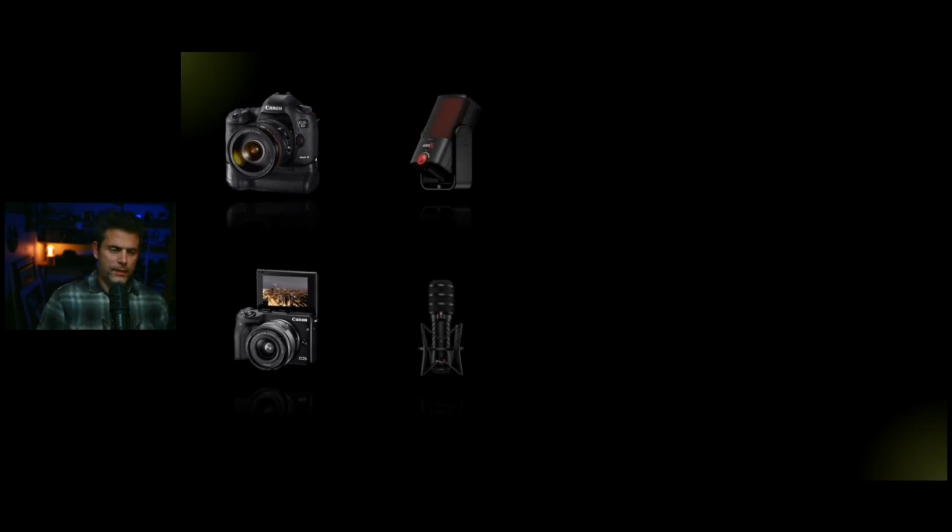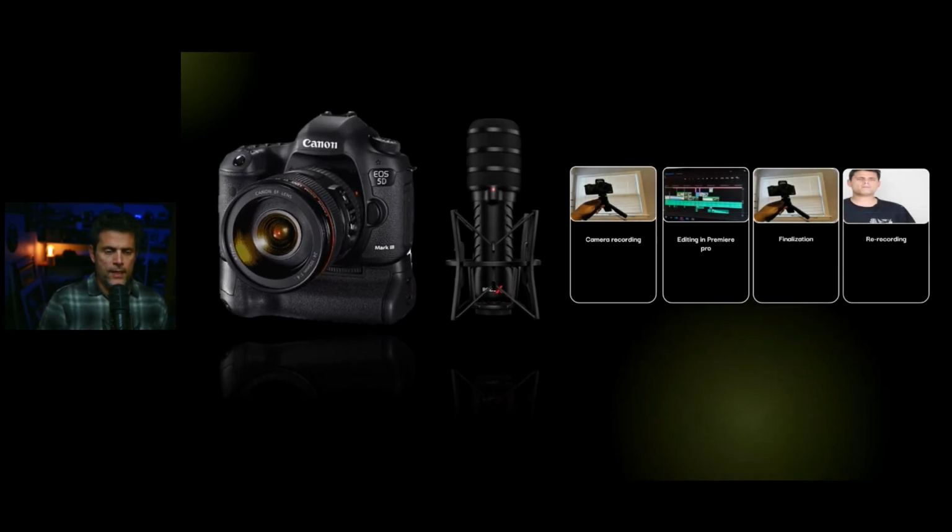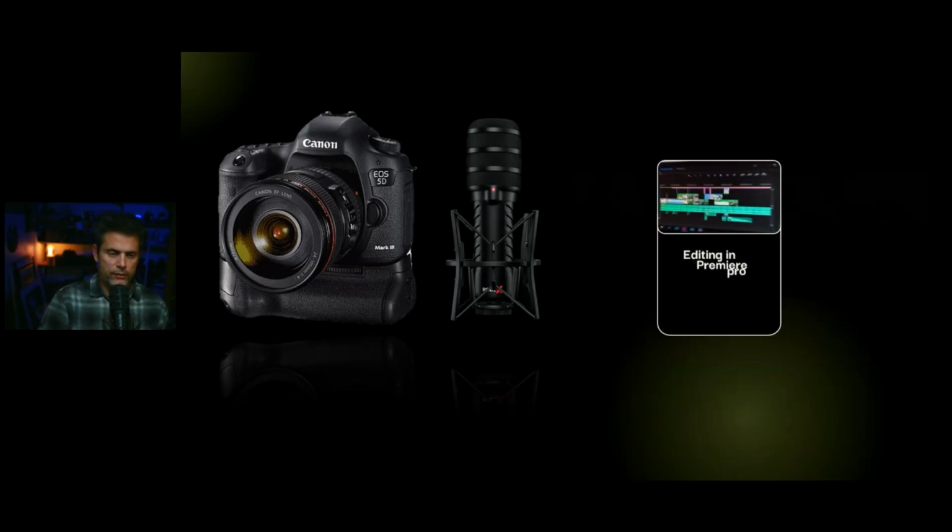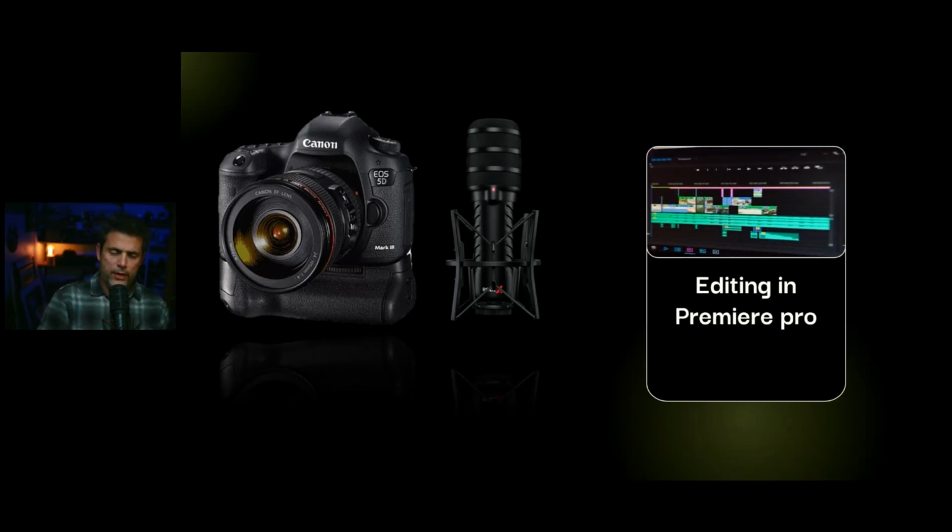But in fact, any combination of these four elements, the two cameras and the two microphones, would produce very good quality. So I was sure about what material I was using, but I was unhappy with the processing, and the efficiency was very, very low. Editing in Premiere Pro, I know how to use the software, but it was a step that I didn't want to have, or if I have it, I want it to be minimal.